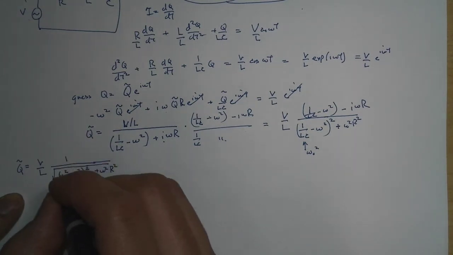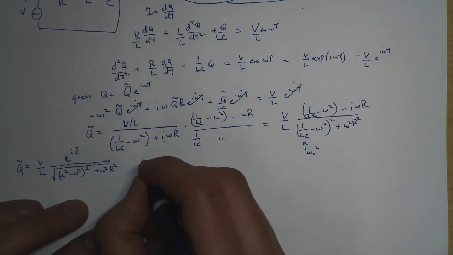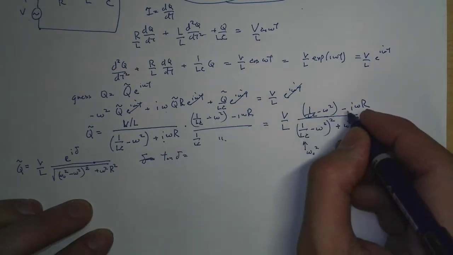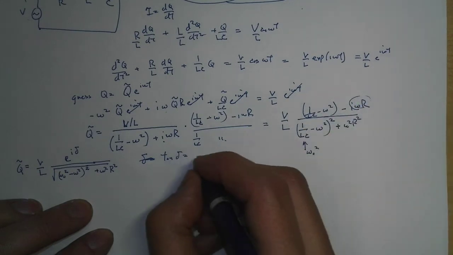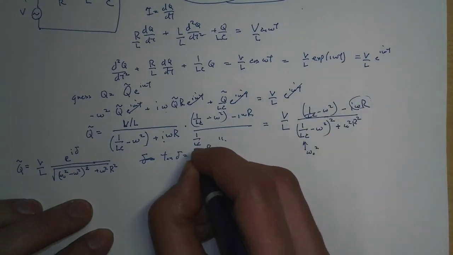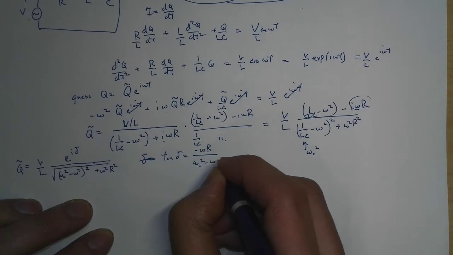And then on top, I'm going to rewrite this e to the i delta, and the tangent of delta is going to be equal to this thing divided by that thing. So it's going to be equal to basically omega r divided by omega naught squared minus omega squared.